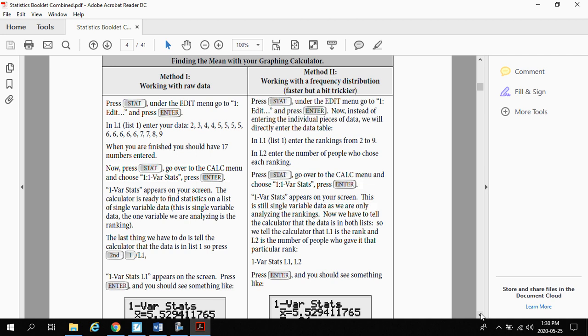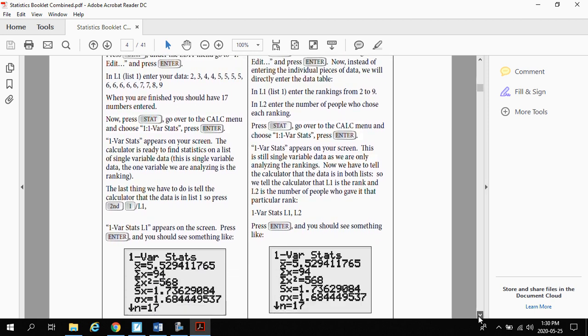It might not go straight to your 1 var stats. The TI 83s and 84s and 84 pluses do a little bit of a different thing. And I don't have an 84 plus here. So if that's what you have, once you press enter right here, it might take you to a little bit of a different screen, which I think you just need to scroll down to the word calculate and press enter, if I'm not mistaken.